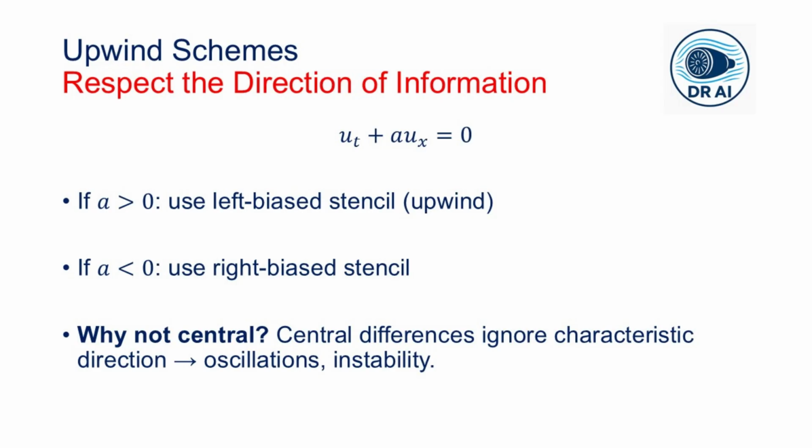So why is upwinding so important? Using a central difference for hyperbolic problems leads to numerical oscillations or even blow up. Upwinding mimics the characteristic direction. Most modern high-accuracy schemes such as WENO, DG, and flux splitting methods are built on upwinding principles.